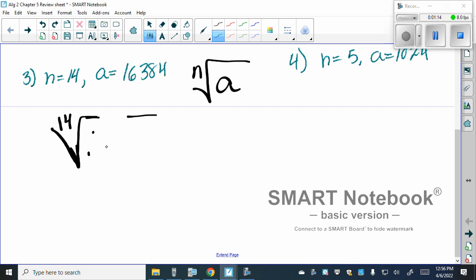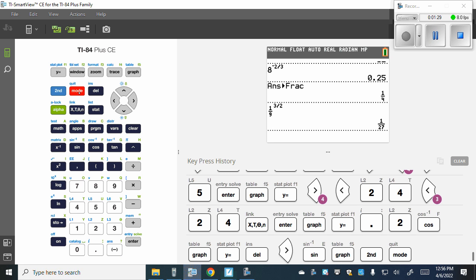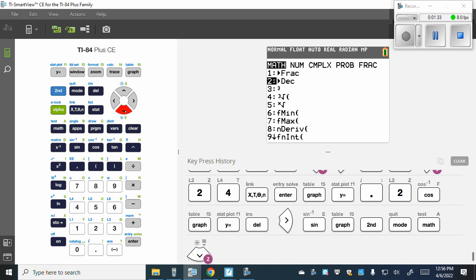Okay, now 16,384. At this point, we can plug this into the calculator. If we go to Math, the fifth one down will let us take the nth root.